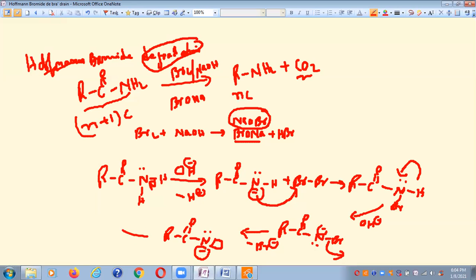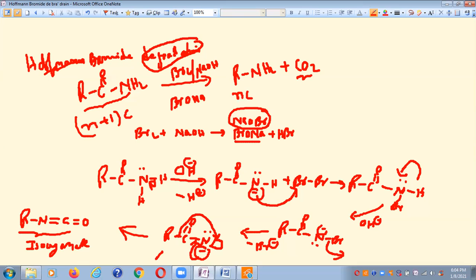Now it undergoes rearrangement. Rearrangement means this negative charge attacks here, then this R alkyl part attacks on this vacant orbital. So rearrangement has taken place. Now this R will connect to nitrogen, and that single bond becomes a double bond, and this is isocyanate.